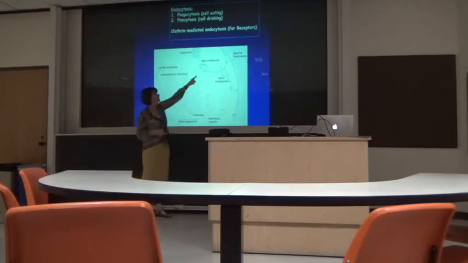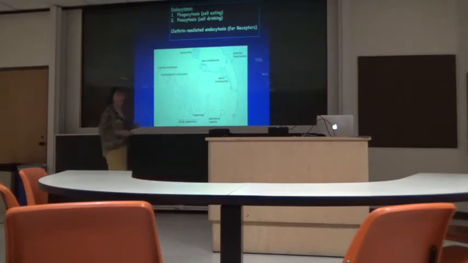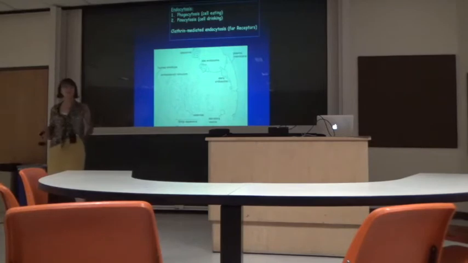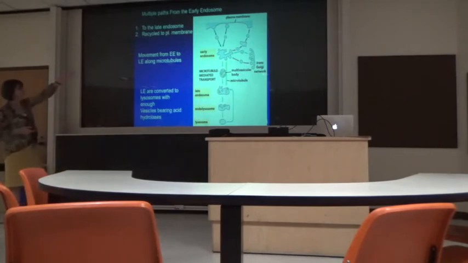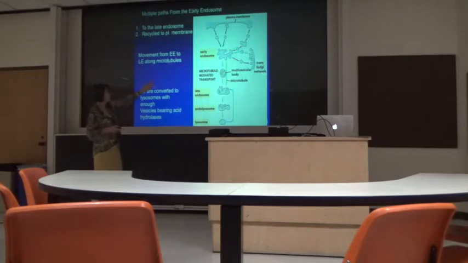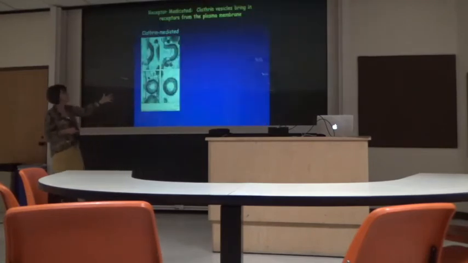So we're going to look at this step, how proteins get from the plasma membrane to the inside. And that's using a coat that we've talked about before, the clathrin plus AP2 coat. So we're looking at how endocytosis goes from the plasma membrane to the early endosome. This talks about the continuous flow.